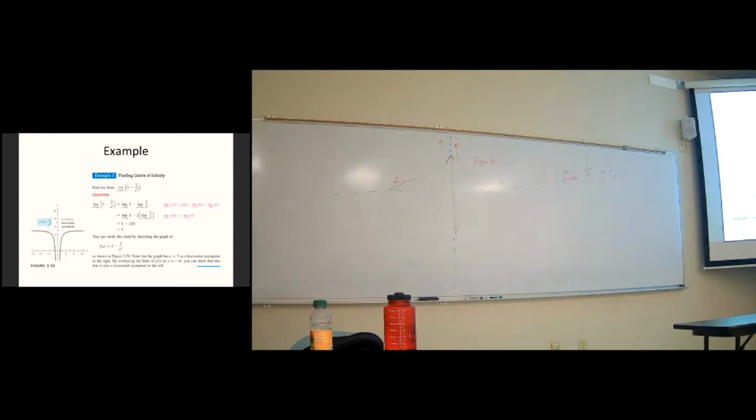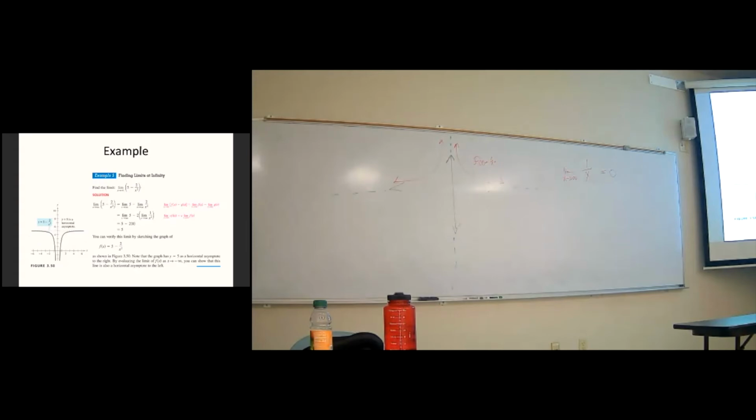The way we can find this horizontal limit is we can take the limit out to infinity, and we can take the limit out to negative infinity, and find that they agree. This thing goes to 0, so all that's left is 5, and in both directions we go to 5.